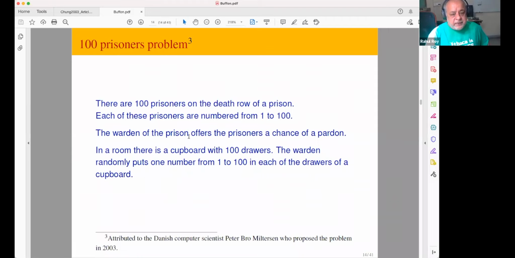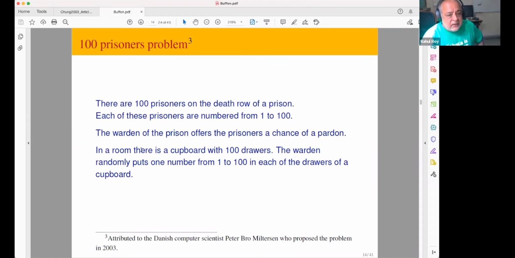And the warden of the prison offers the prisoners a chance of pardon. In other words, if they can successfully do some problem, then they will all be pardoned, and they will get out of jail without being hung or guillotined.